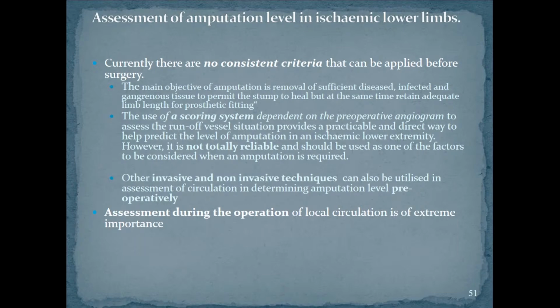The use of a scoring system dependent on the preoperative angiogram to assess the runoff vessel situation provides a practicable and direct way to help predict the level of amputation in an ischemic lower extremity. However, it is not totally reliable and should be used as one of the factors to be considered when an amputation is required.